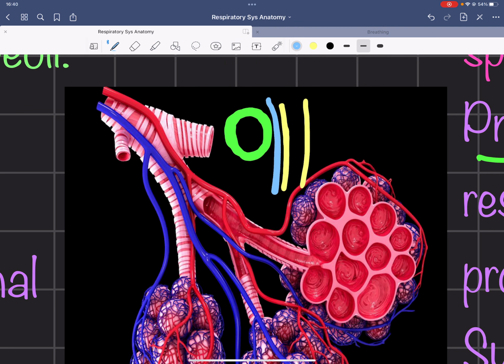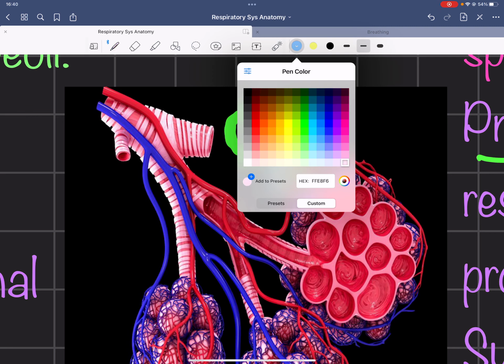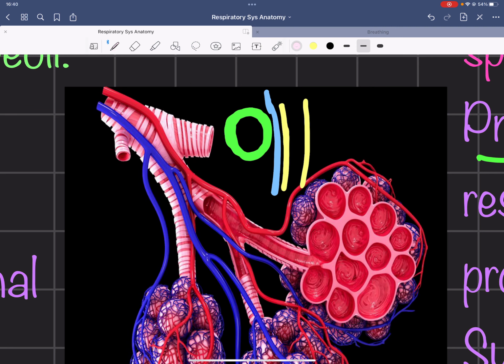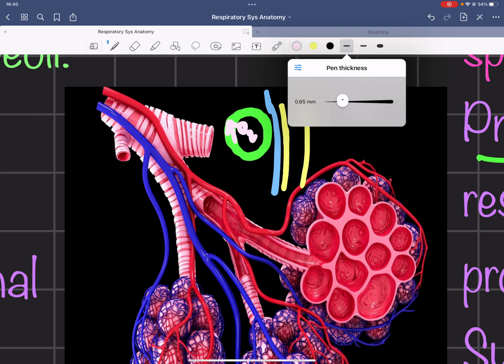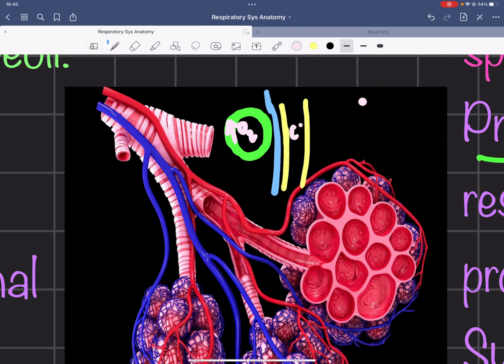basement membrane. Now we commonly have the knowledge that the alveoli has a higher amount of O2 in them. Their O2 level is very high, whereas the carbon dioxide content in the blood is very high.